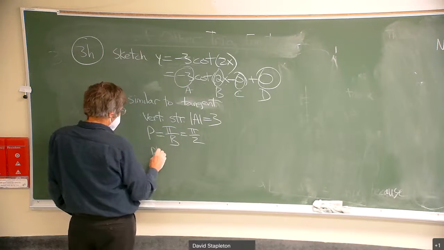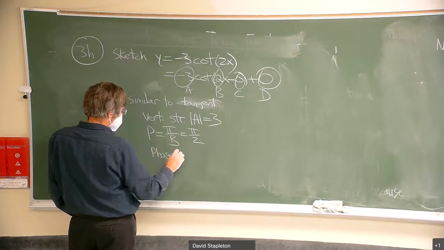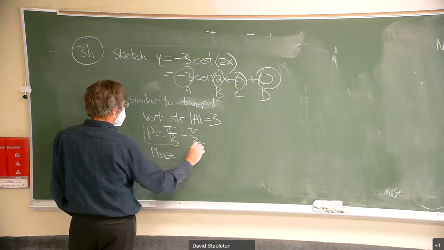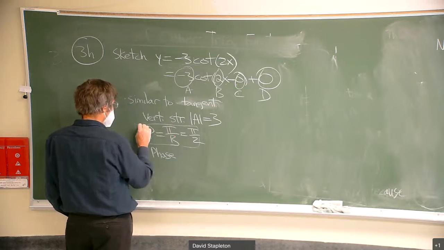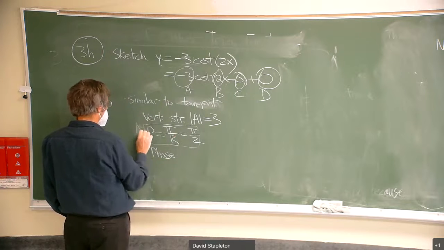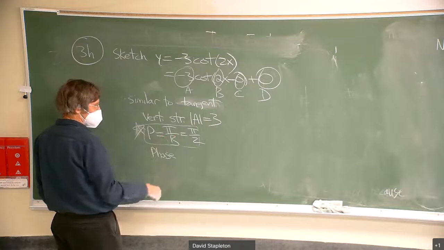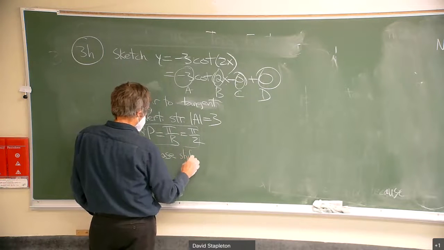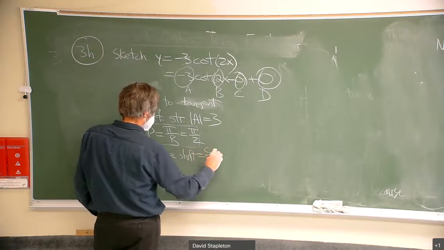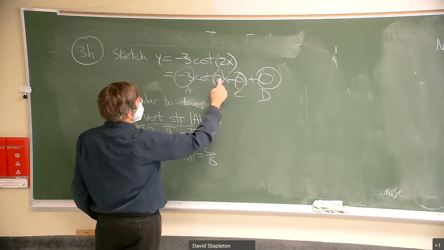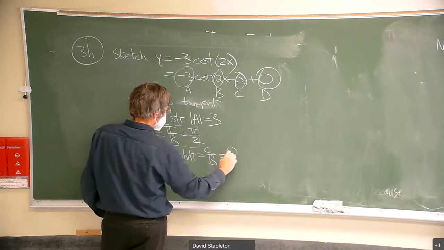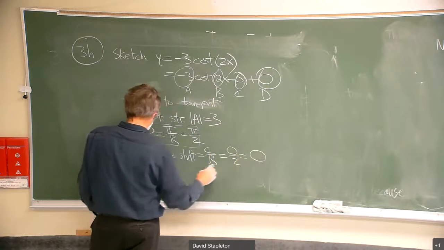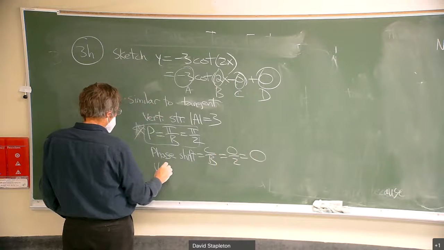The phase shift is c over b, just like it was for all the other trig functions. The only thing that's different for tangent and cotangent is the period is pi over b instead of 2 pi over b. Otherwise, it's the same thing. So phase shift is c over b, just like before. Let's see, it's 0. All right, 0 over 2 is 0. And then the vertical shift, d, is 0.